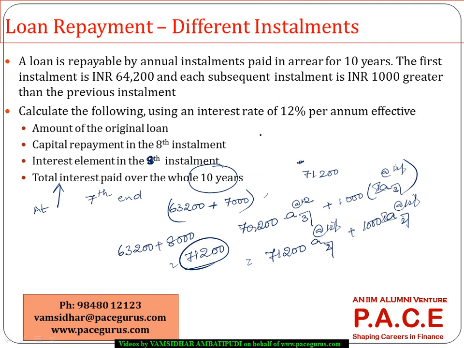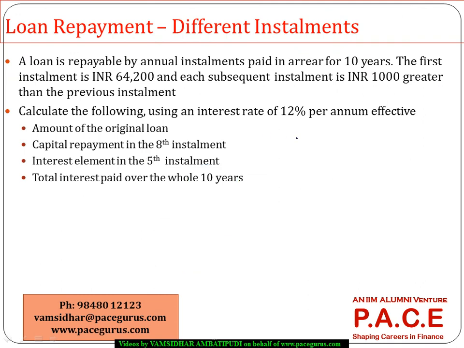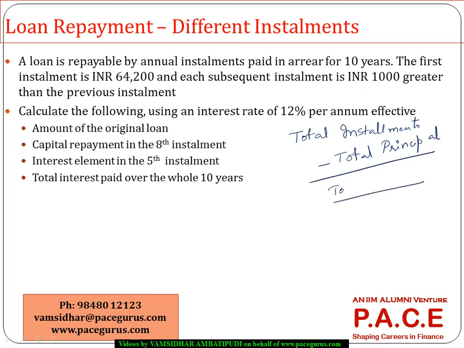If I want to know the total interest paid, I can take the total installments minus the total principal. Total principal is nothing but the total loan amount. The difference between the two is my total interest paid.